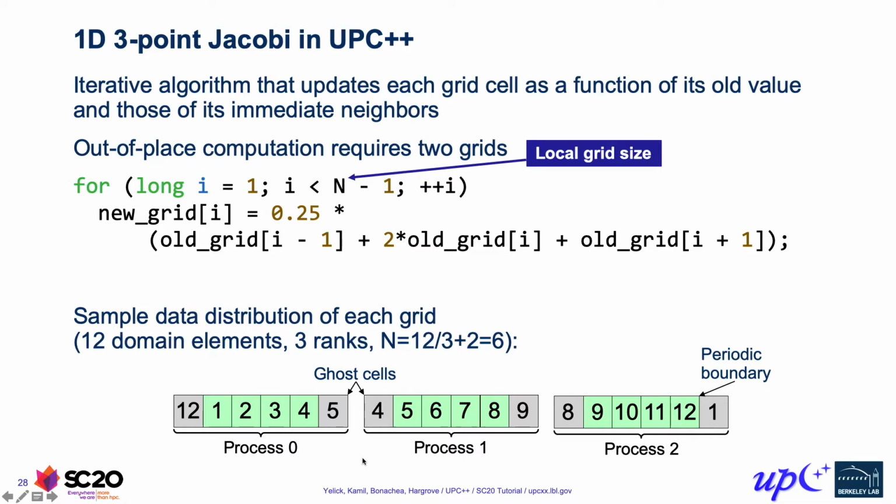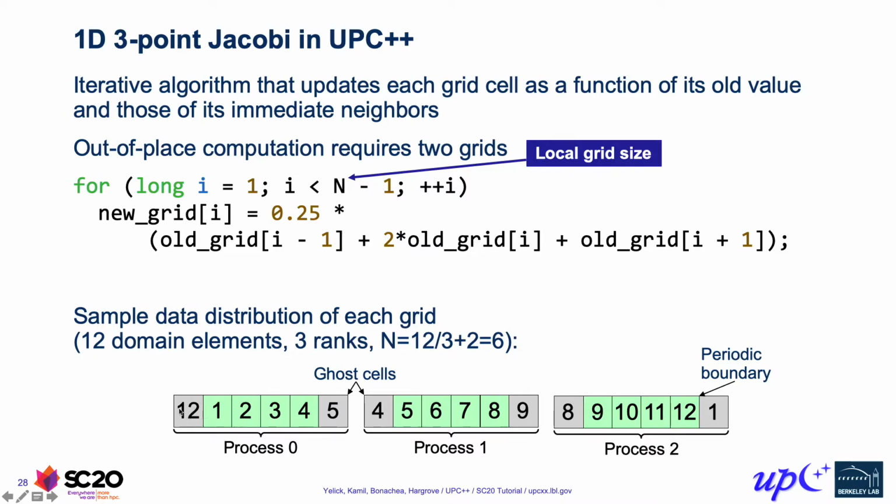The other thing that we'll do is we will also maintain ghost cells, which are copies of the elements on our neighboring processes. So the edge elements on our neighboring process. So for instance, over here, process 0 has a copy of the left edge element of process 1. And we'll also work with a periodic boundary condition.